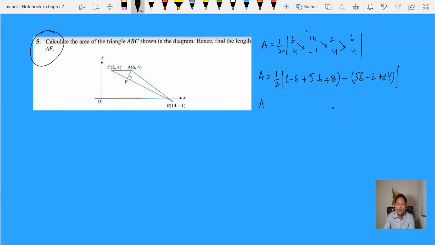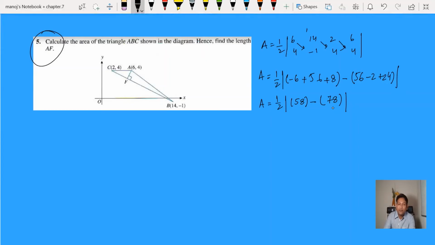Okay, after getting the answer, 56 minus 6 is 50, minus sign. So 56 minus 2 is 54, 4 and 4, 8. And this is coming 78.